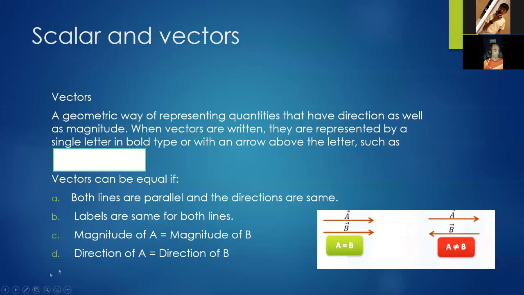This is how you write it: A with an arrow on the top, or B with an arrow on top, or C with an arrow on top. So this is how you write a vector.